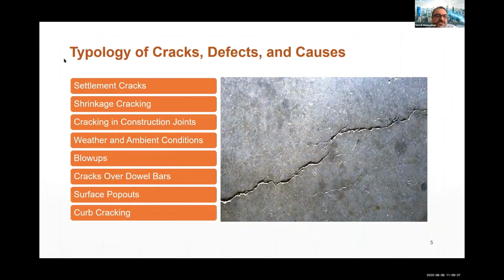Some of these types of cracks I want to mention here, a couple of them are listed. First, settlement cracks. A settlement crack is basically when a subgrade or subbase causes the cracking of a concrete pavement due to settlement, and cracks resulting from the settlement of the subgrade are normally variable in direction, but most commonly appear diagonally and extend continuously across many slabs.